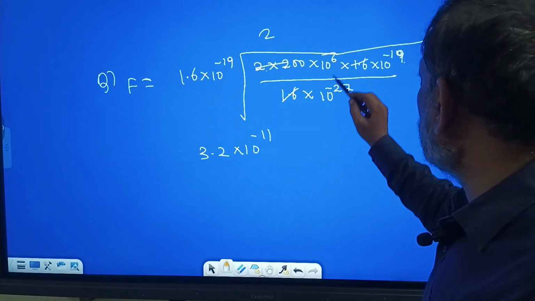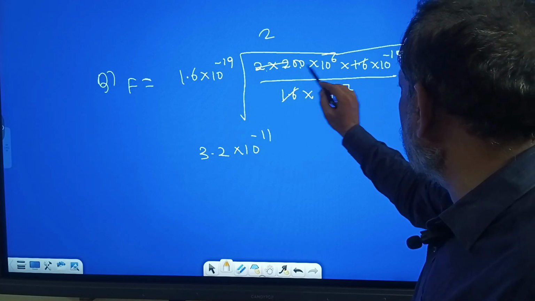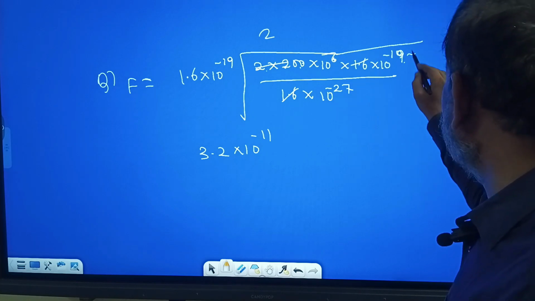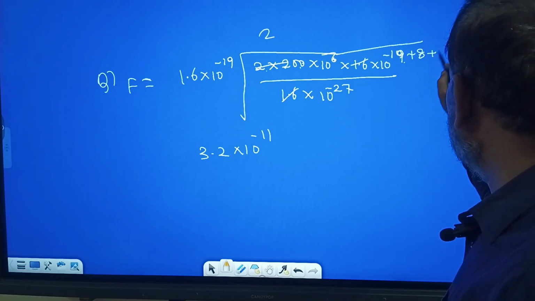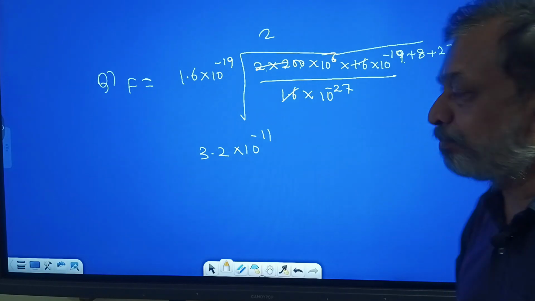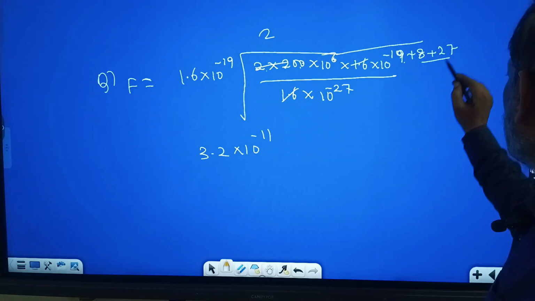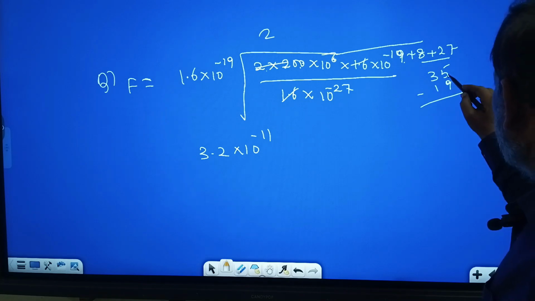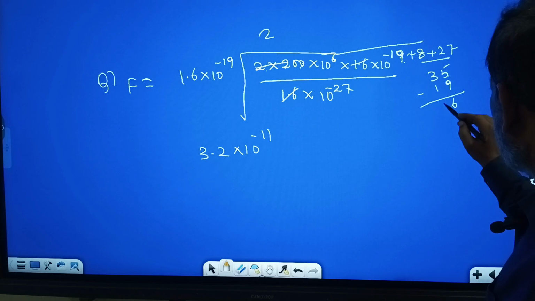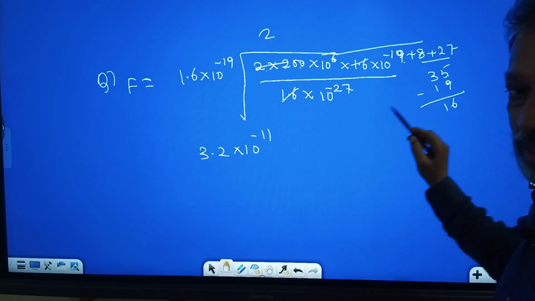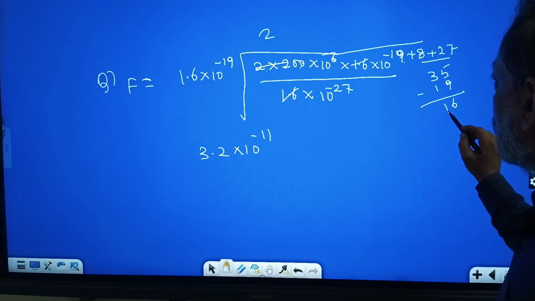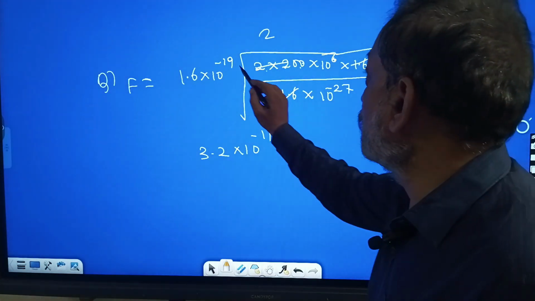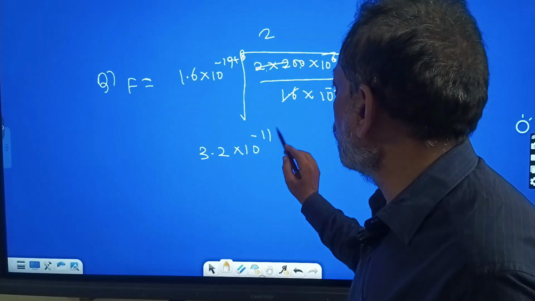Now the powers: this is 10 to the power of 6, this is 8, so plus 8, next plus 27. Then add all this: this is 35, this is 19. Now what are you going to get? 16. 10 to the power of 16 means how much do you get? Positive 8. You are correct.